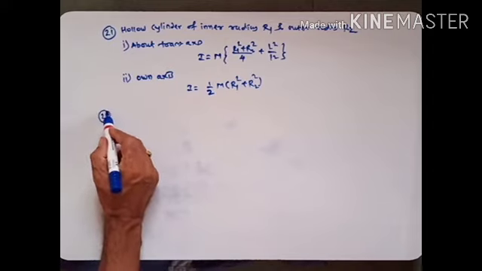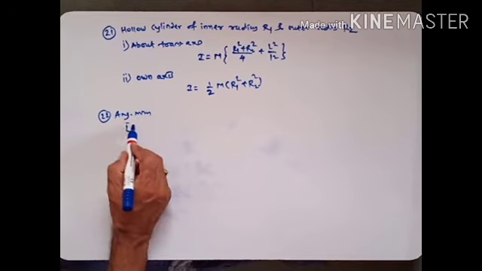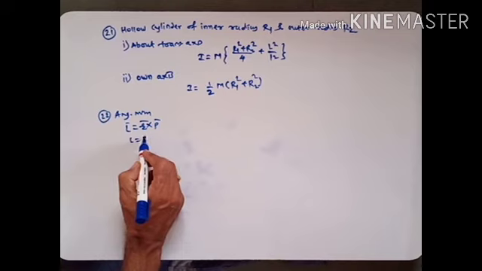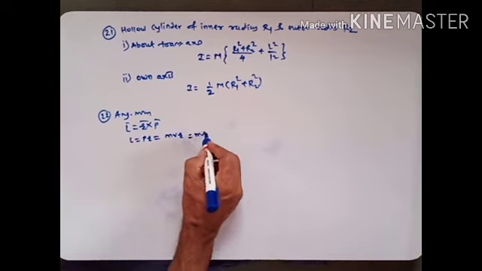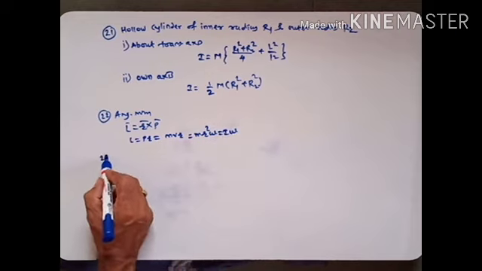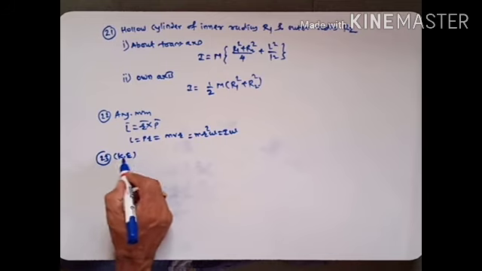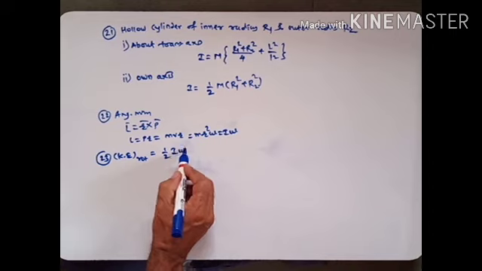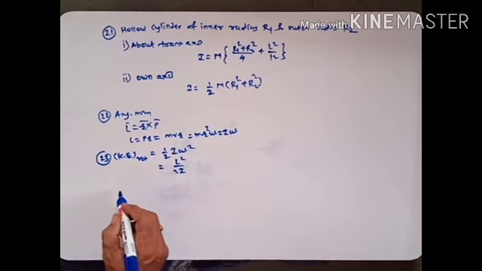Now point number 22. Angular momentum, L bar is equal to R bar cross P bar. L is equal to PR is equal to MVR is equal to MR square omega, which is equal to I omega. 23. Kinetic energy, rotational, 1/2 I omega square is equal to L square upon 2I.